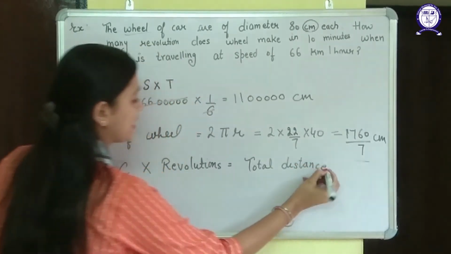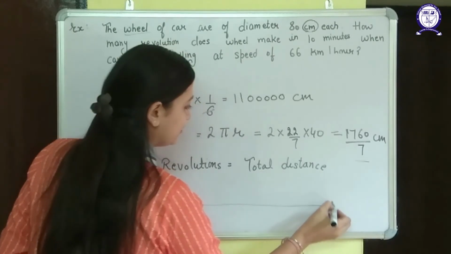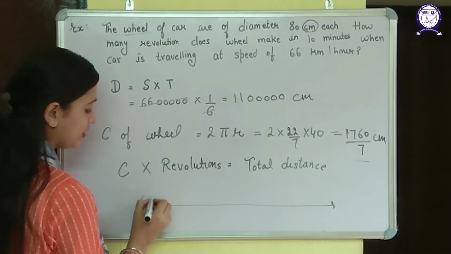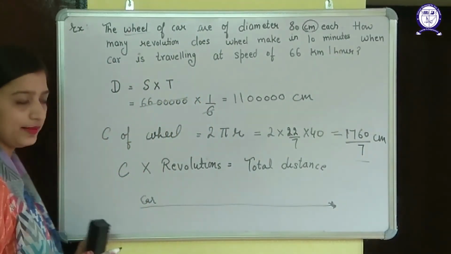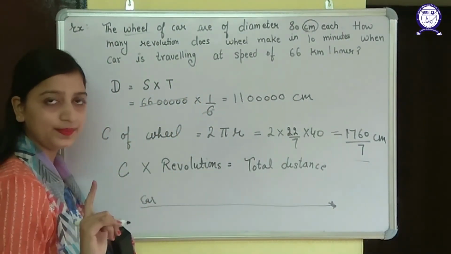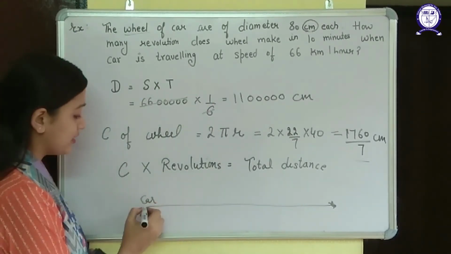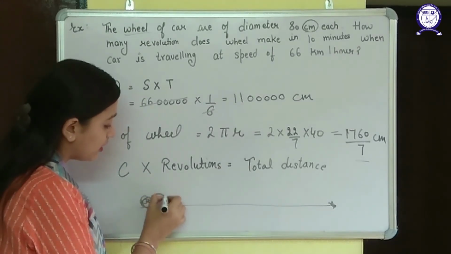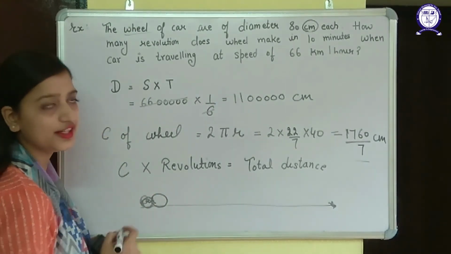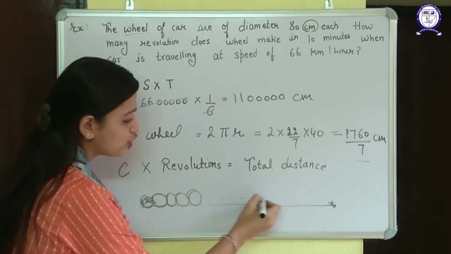What I am saying is, suppose this is my road. After 10 minutes, this car stops here. In one revolution, that is revolving one time, it covers one circumference and reaches here. Then for the second revolution, it reaches here. Then third, fourth, fifth, and so on.